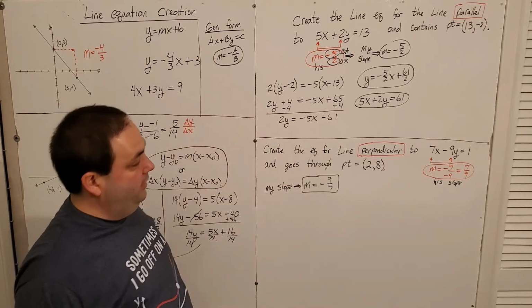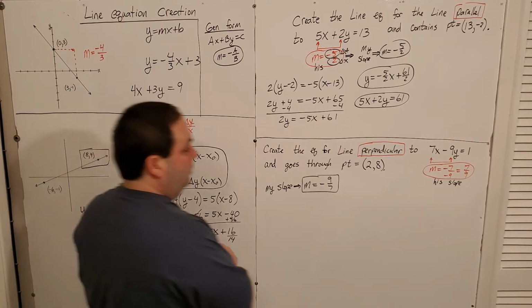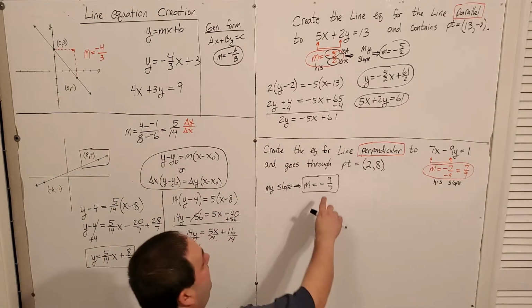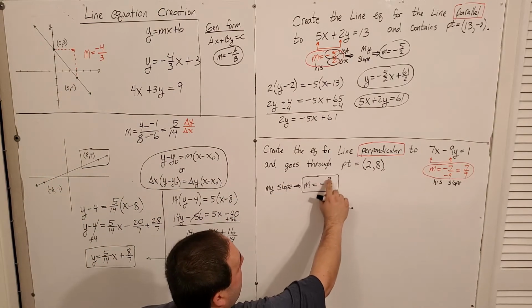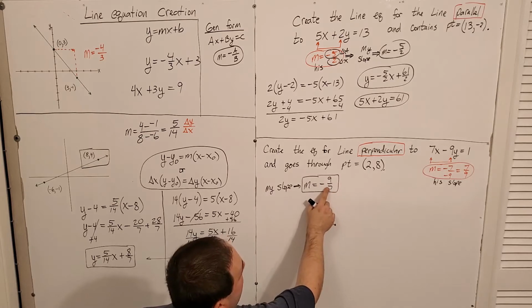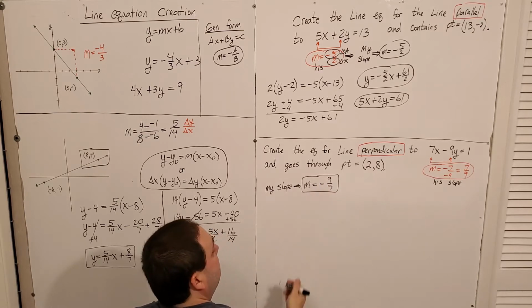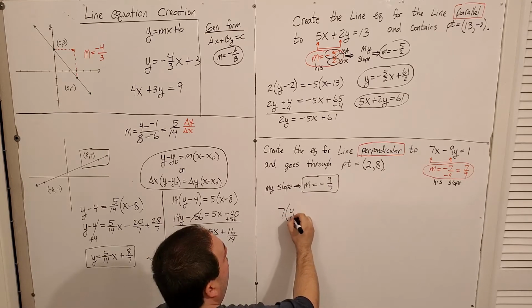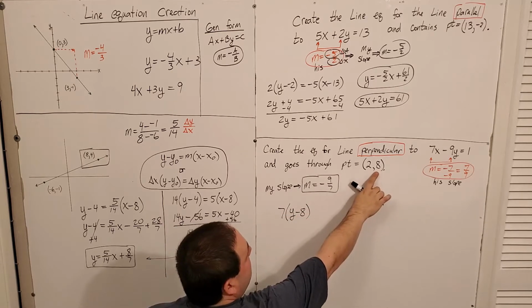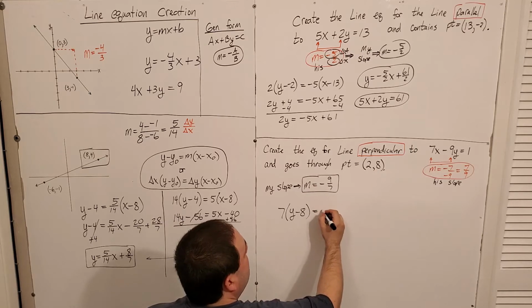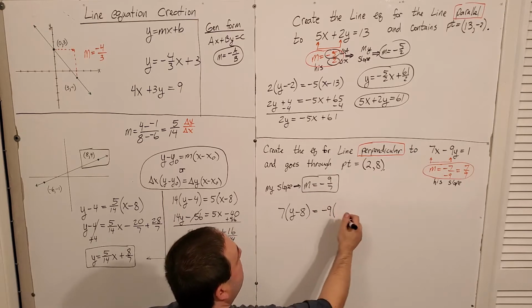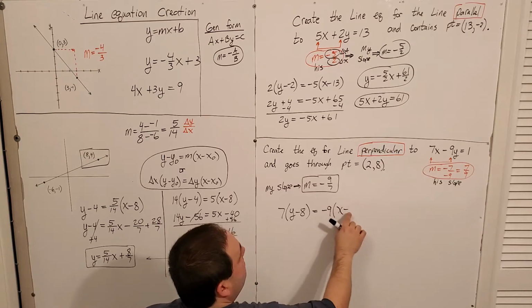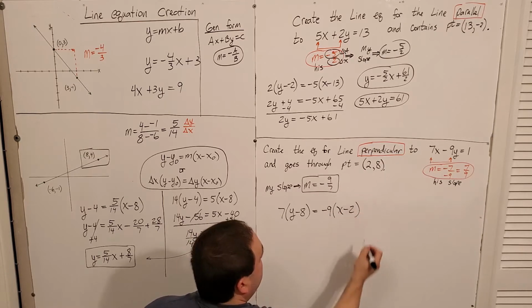A slope and a point. It's very, very typical. So again, my delta y is negative 9. My delta x is 7. So I'll set up 7 times y minus 8, right, equals negative 9 times x minus 2, like so.